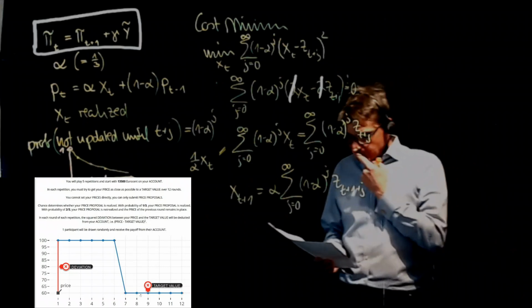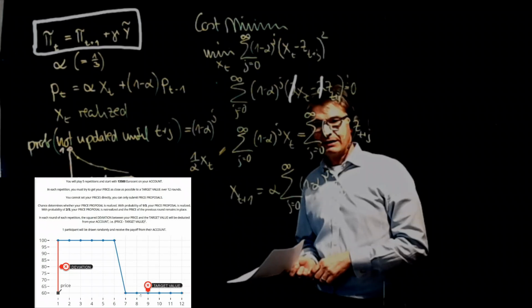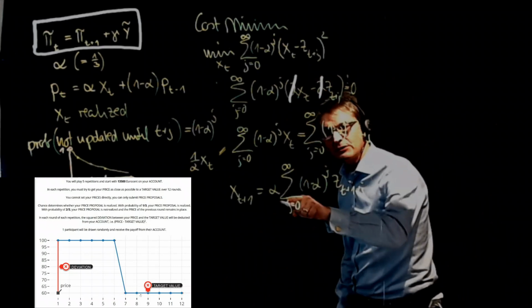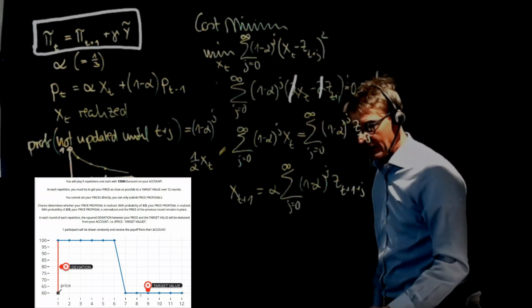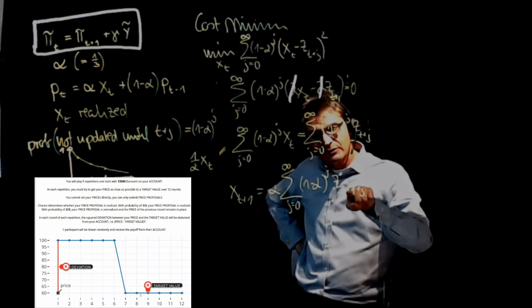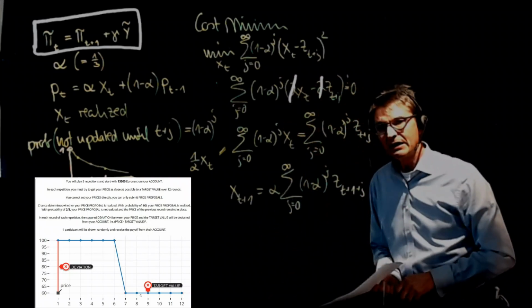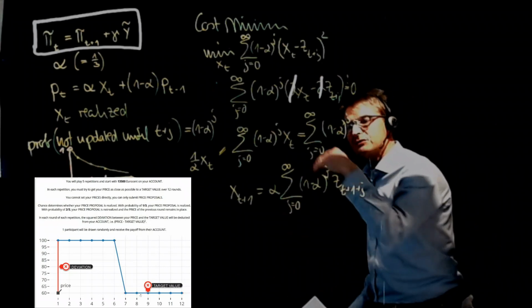Now, okay. I can rewrite this because I prefer not to have the 1 in here. Rather, I would like to shift my running index 1 round to the future.